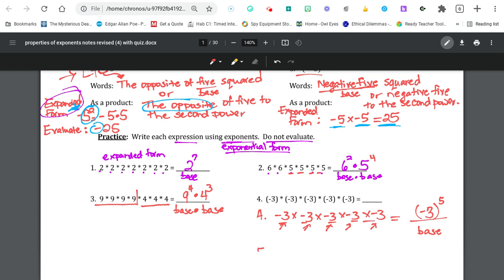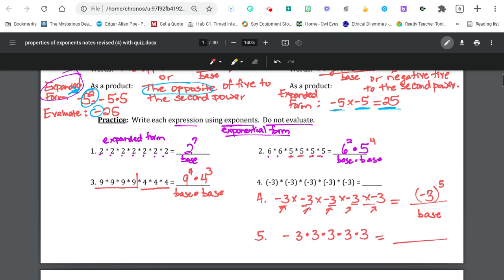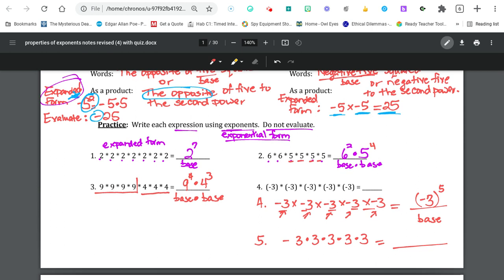Now I'm going to make up an example. You're going to write this on your paper. I'm going to use the dot instead of the X. Okay, guys, when it comes to writing the base, please do not say your base is -3. It's not. Because if your base was a -3, every one of those numbers would say -3.